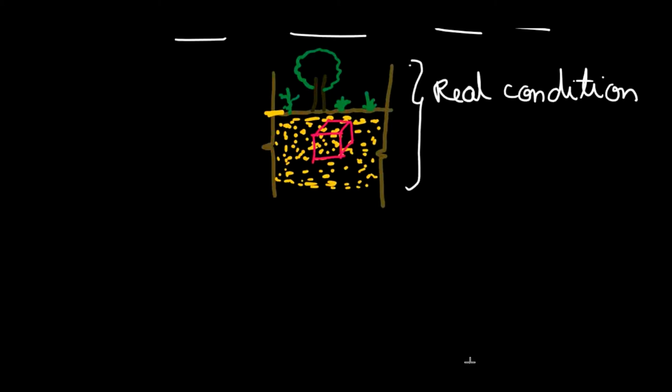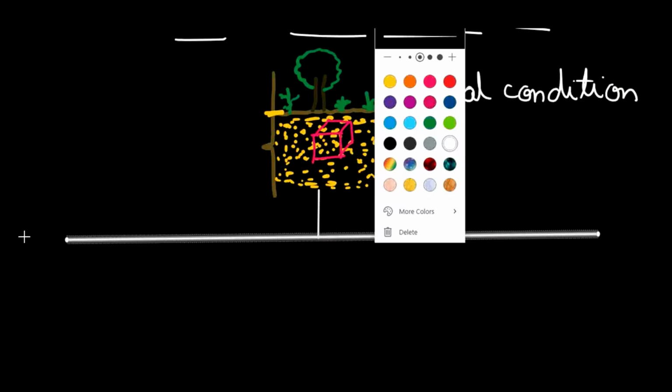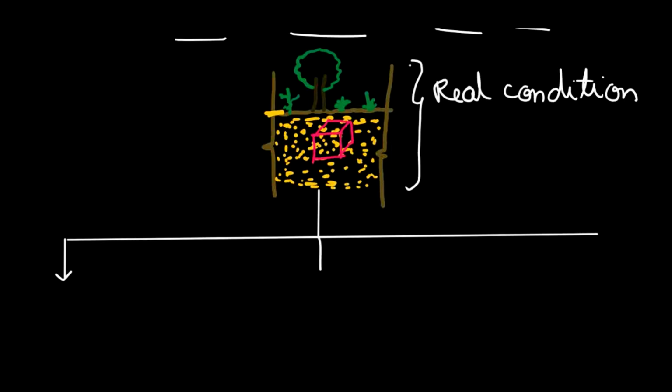Now there are three sub classifications which can happen. Let's bifurcate them. The first one, we can have normal condition.